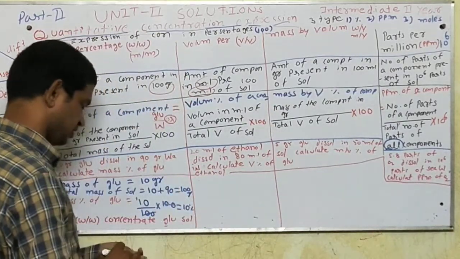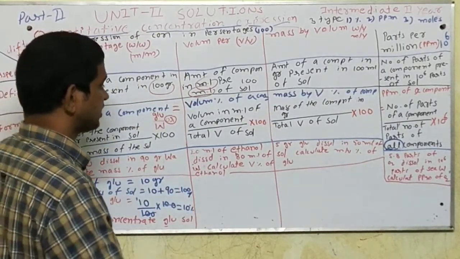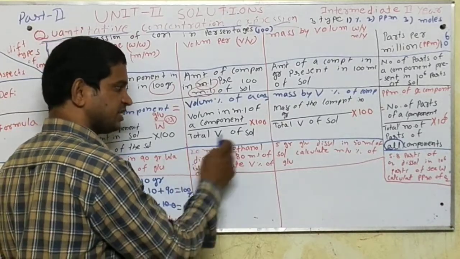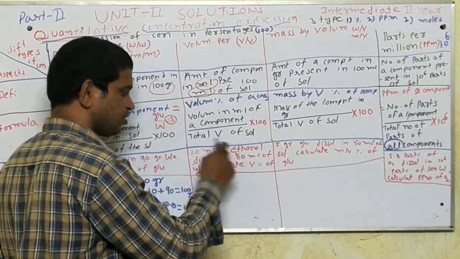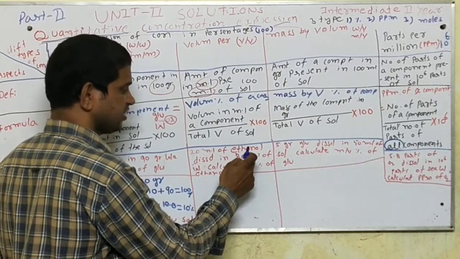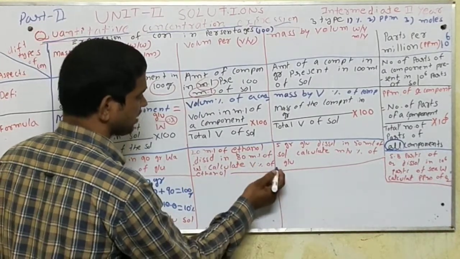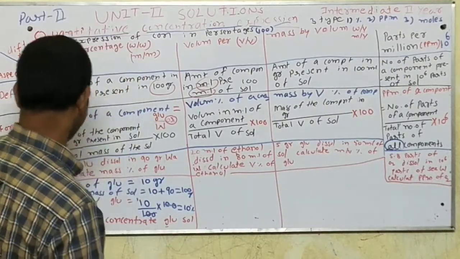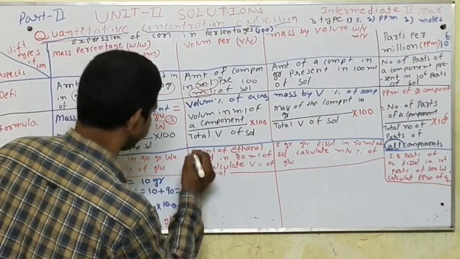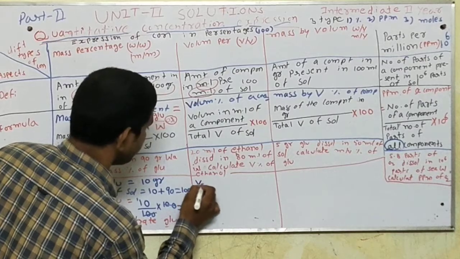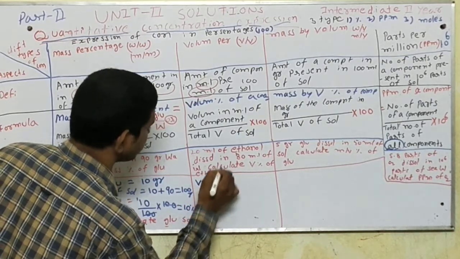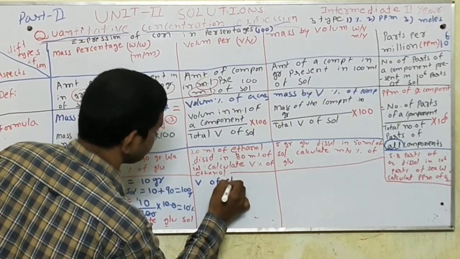Here we have a next question. 10 ml of ethanol is dissolved in 80 ml of water. Then calculate the volume percentage of ethanol. First we have to write V of ethanol.